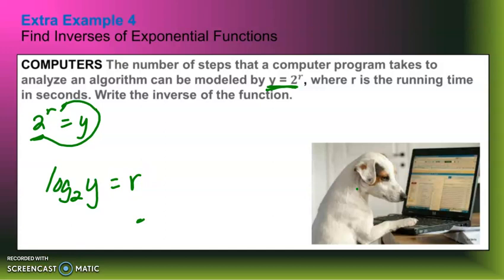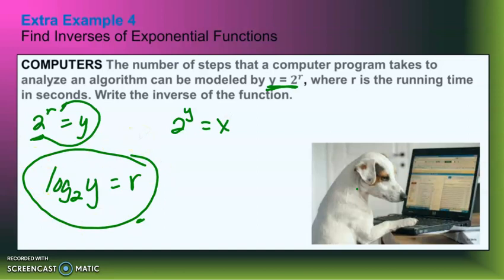So switching my x and y around, my x in this case is my r. So really, I would actually have this written as 2 to the y power is equal to my x. But we're writing the inverse of it, and the inverse of an exponential would be logarithmic. So our inverse function would be log base 2 of y equals r.